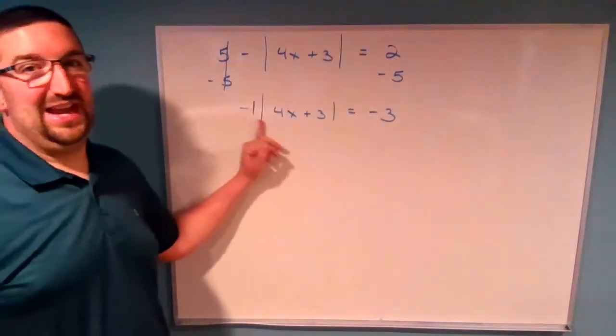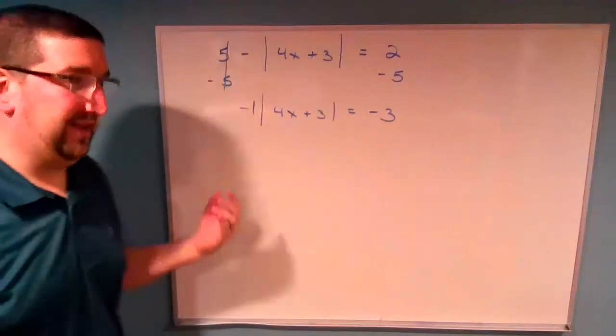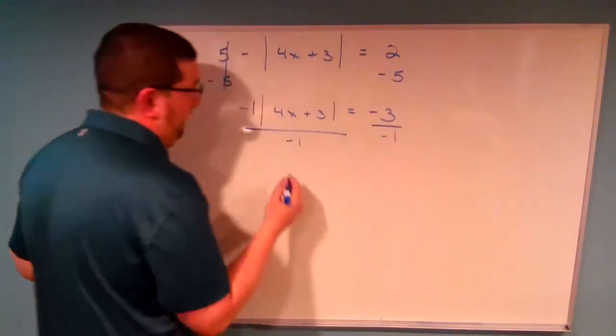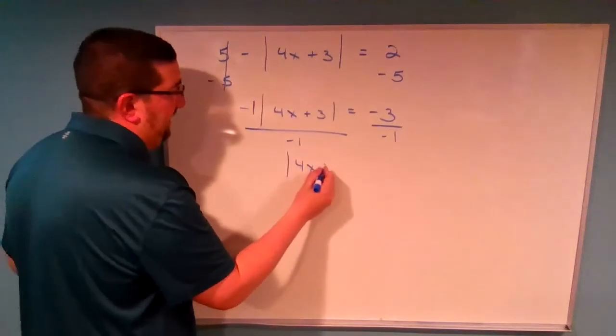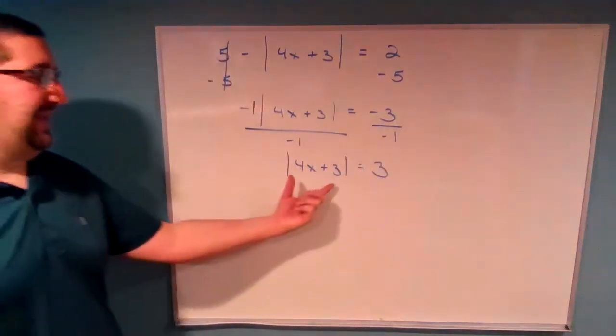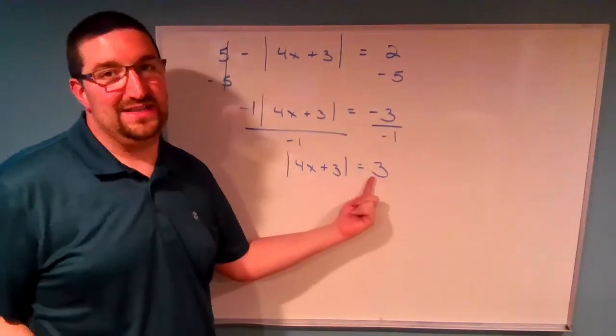So we really have negative 1 times the absolute value of 4x plus 3 equals negative 3. So now, if I divide by negative 1, I have the absolute value of 4x plus 3 equals positive 3.